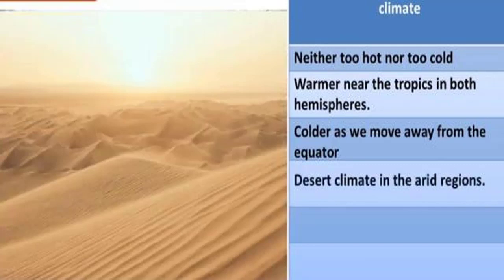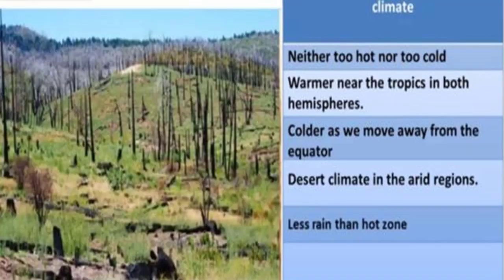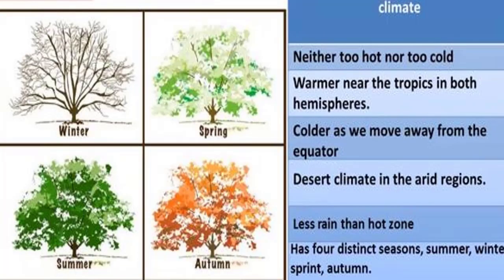Desert climate in the arid regions. Less rain than hot zone. Has four distinct seasons: summer, winter, spring, and autumn.